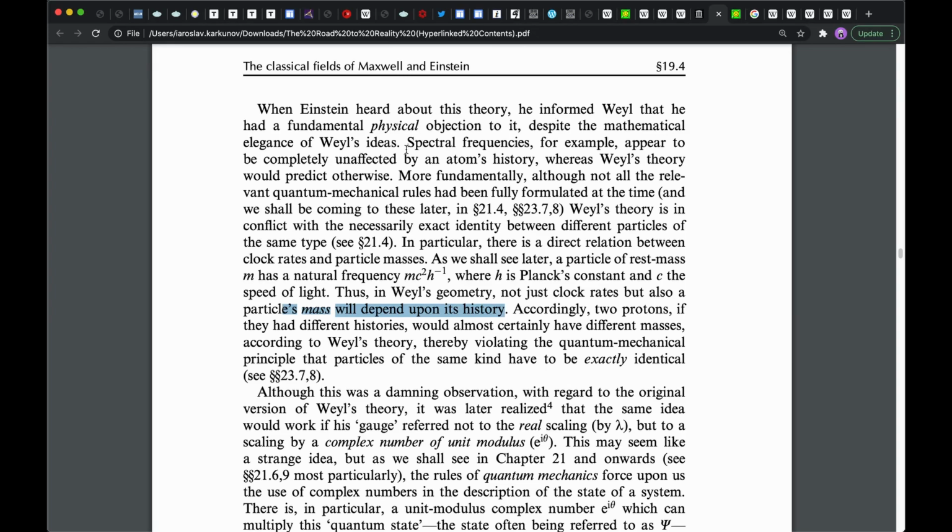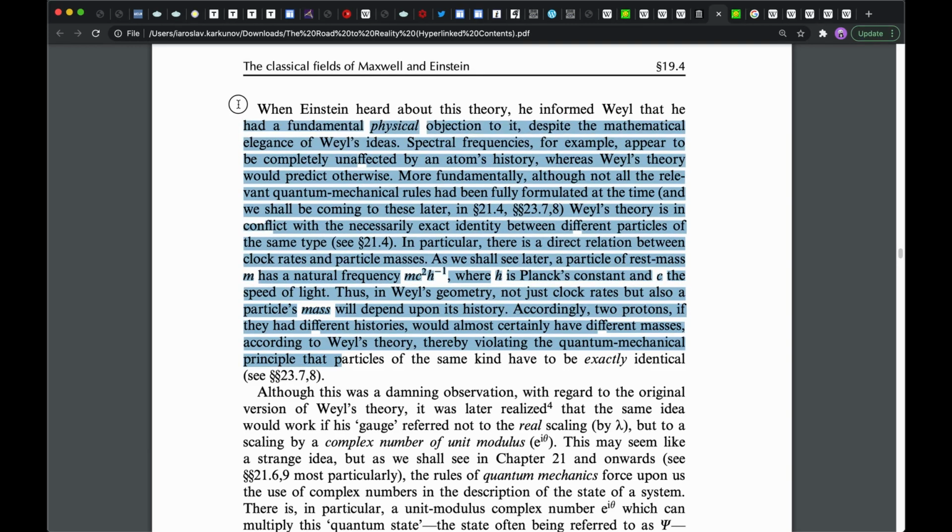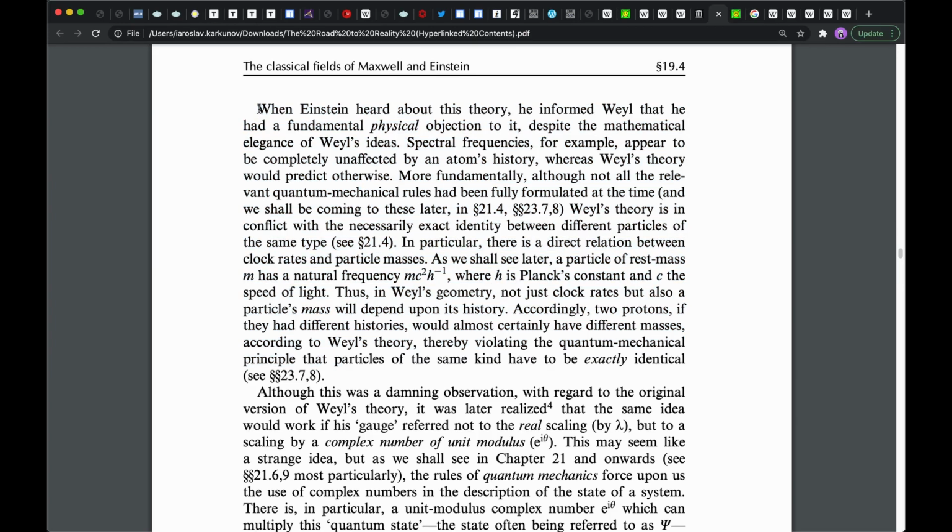Also, spectral frequencies, for example, appear to be completely unaffected by an atom's history, whereas Weyl's theory would predict otherwise. So basically, there were some reasons to decline that theory in terms of its connection to reality.